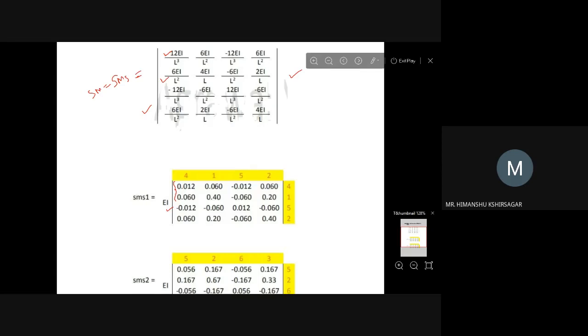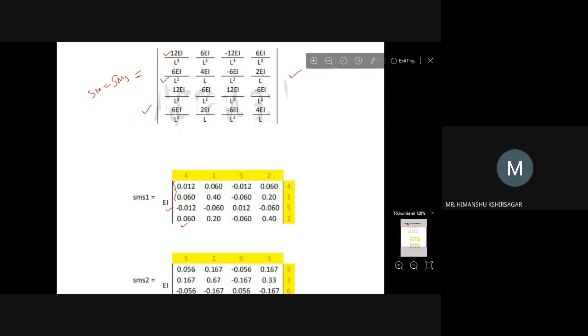So the first row values will be the same here, but with the opposite sign. Then in the fourth row, if you compare with the second row, there will be no change of sign, only a shifting of the coefficients in the second and fourth rows. The first row's values remain the same with the same sign.